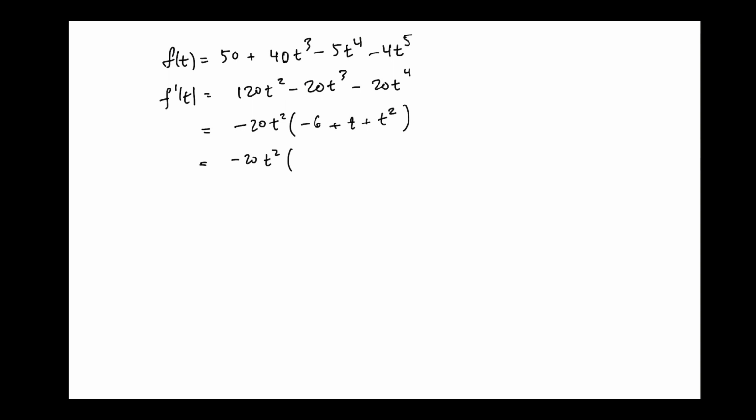T squared minus 6 plus t, so that'd be t plus 3, t minus 2. Okay, so what are our critical points? 0, 2, and minus 3. Okay, so all of that's the same as when we did this one on Monday.